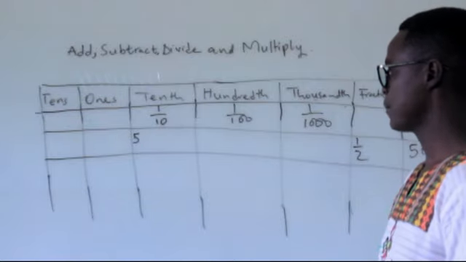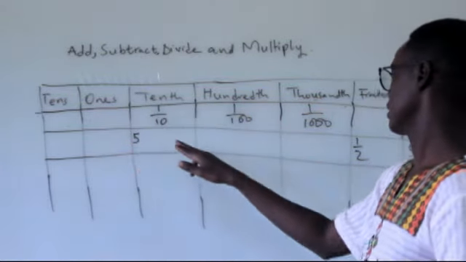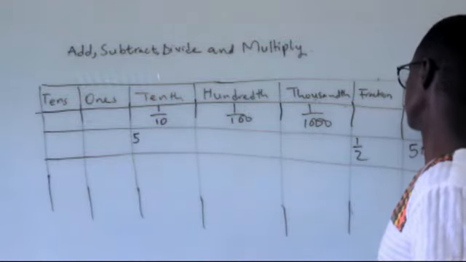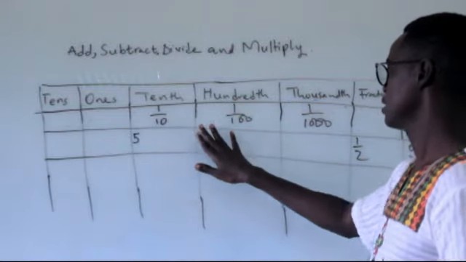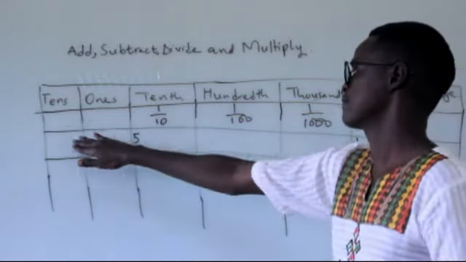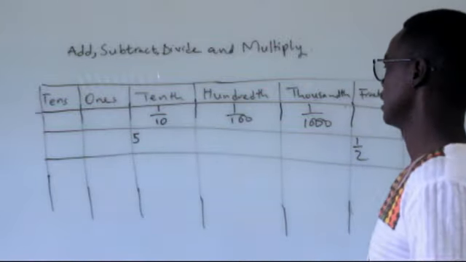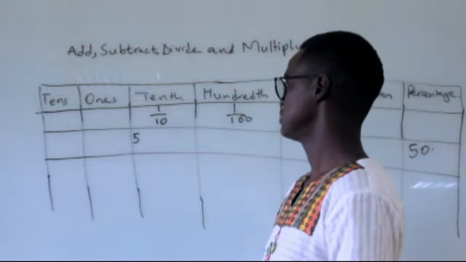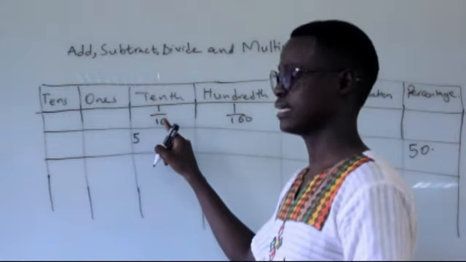So in the first example, we have in the position of 10, we have 5. And in the position of fraction, we have a half. Then percentage, we have 50. So how did they come up with these values, and how should we bring in these values? So first of all, the values given, how were they obtained? So looking at tenths, this is 1 over 10.